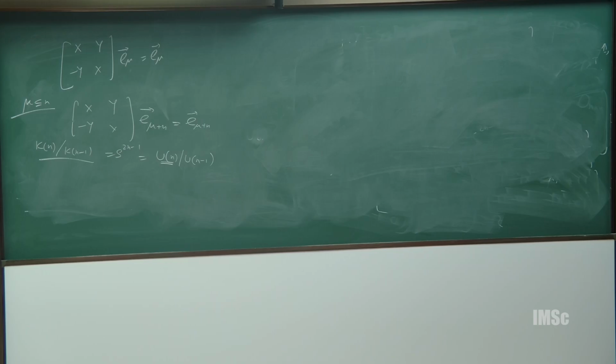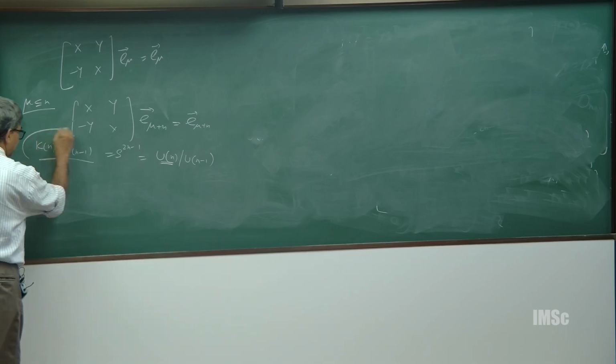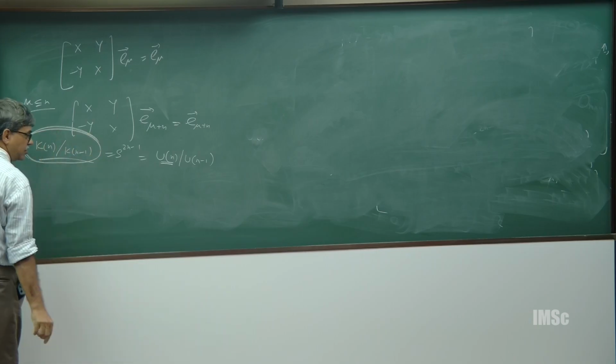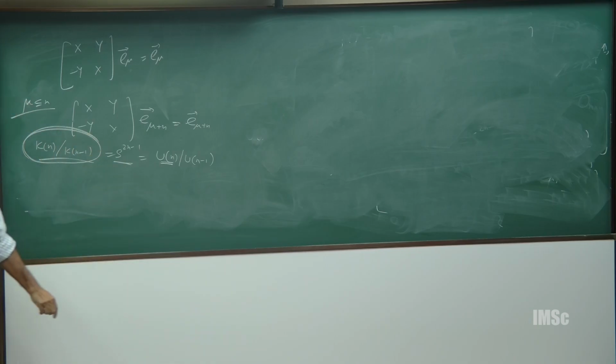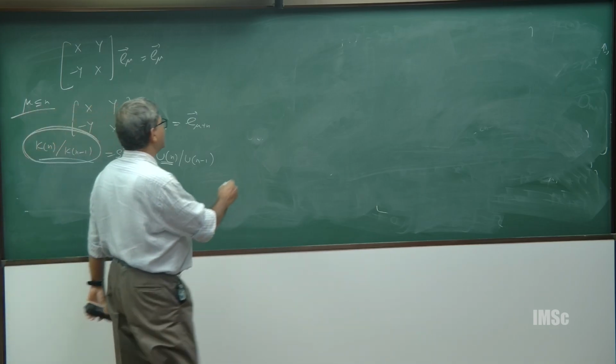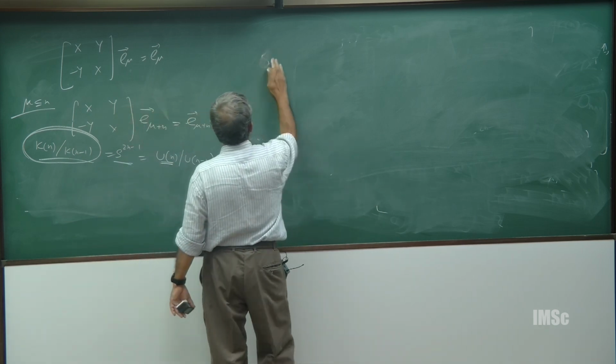So you see that I can take this K modulo this cosetting for its transitive action on S2n minus 1. Why is this important? Because now what we want is a generic statement about squeezing.